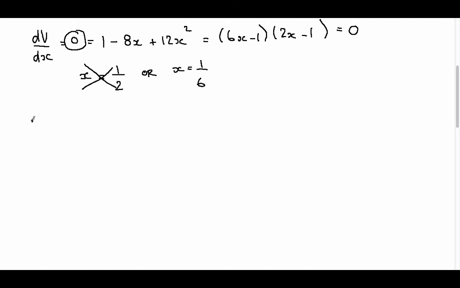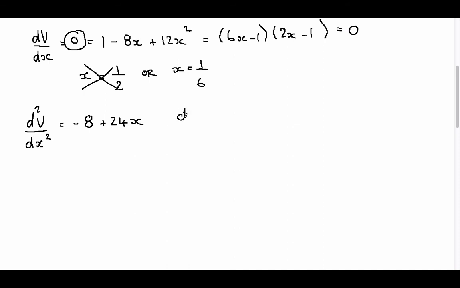Now we need to confirm that this does in fact maximize our volume. So to do so we need to calculate the second derivative. So calculating the second derivative we'll get minus 8 plus 24x.